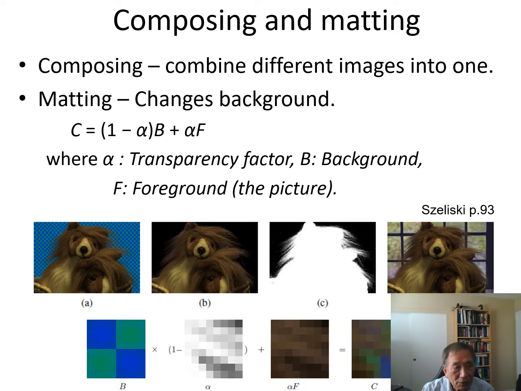And then composing and matting combine different images into one, especially the background part together with new faces or new objects. Very important frequently is the level of transparency, how transparent they are. So, is whatever is on the back shown up or not?